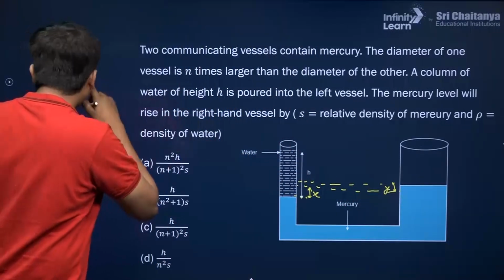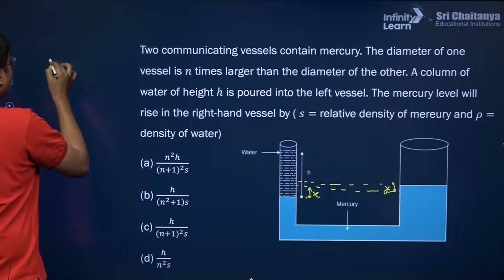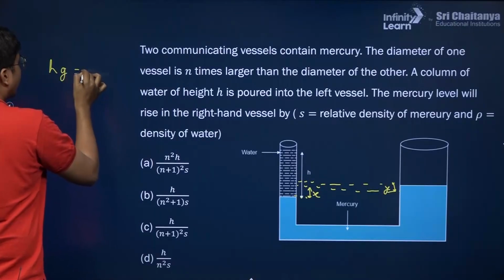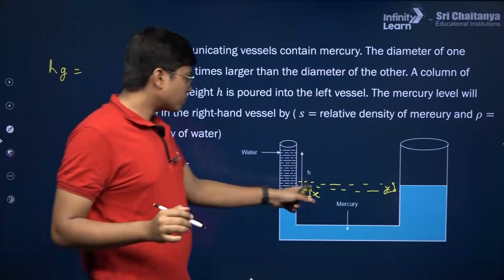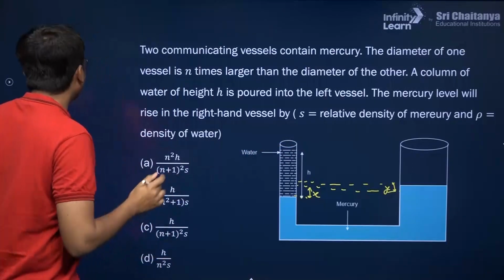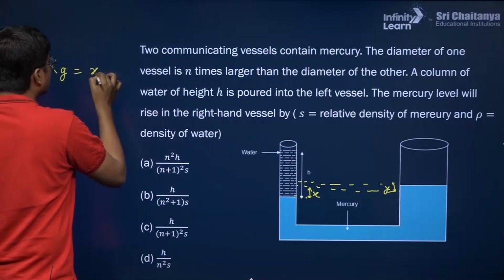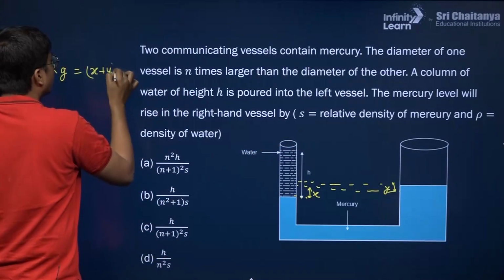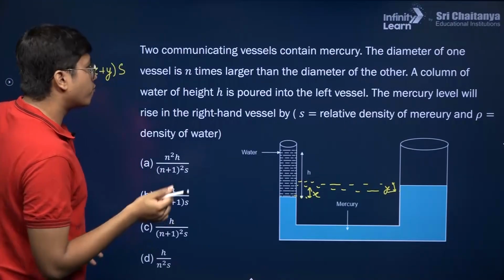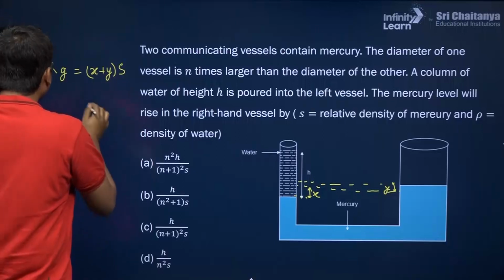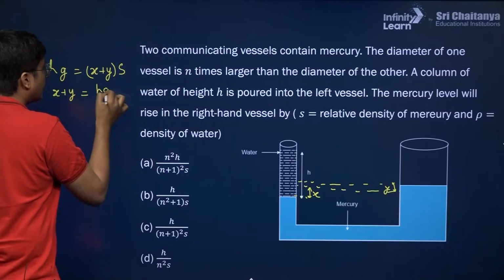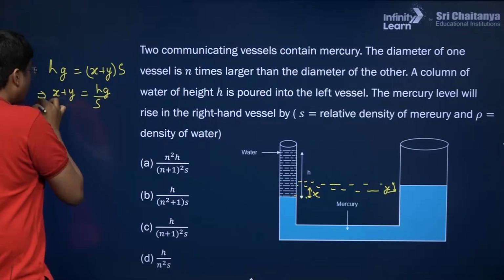So I know pressure of water is given by H rho G, rho value is 1, H into G, and that is equal to x plus y into your density is provided as S. So x plus y into S, right? So what do we need to find out? So x plus y is equal to Hg divided by S.